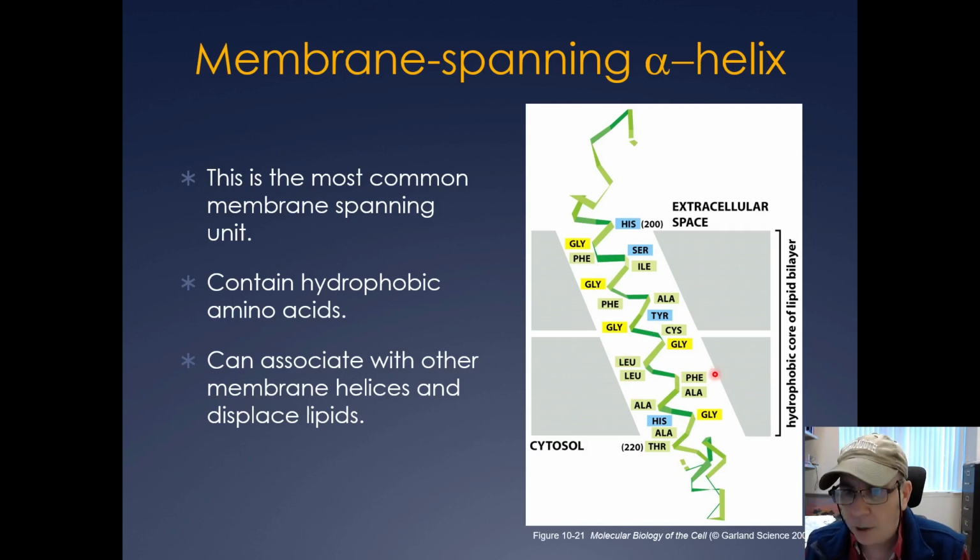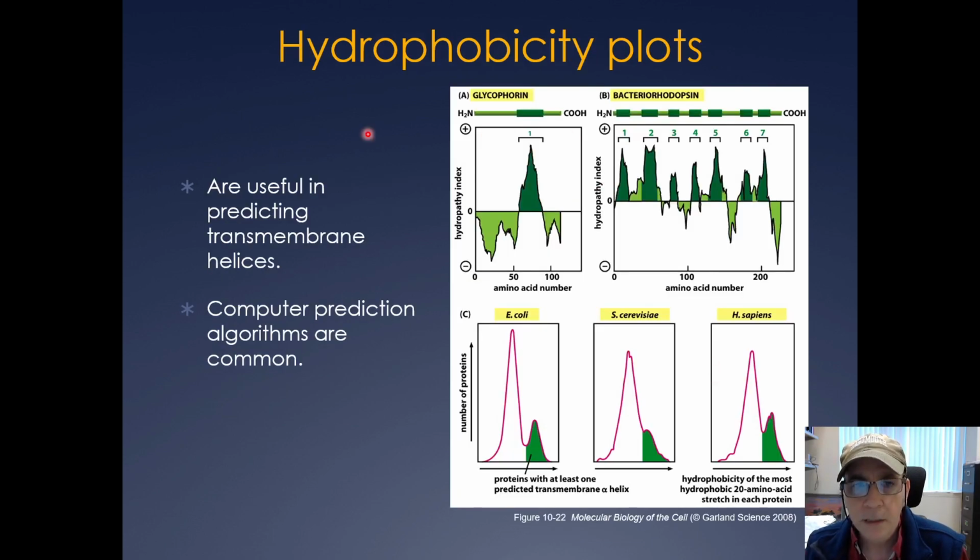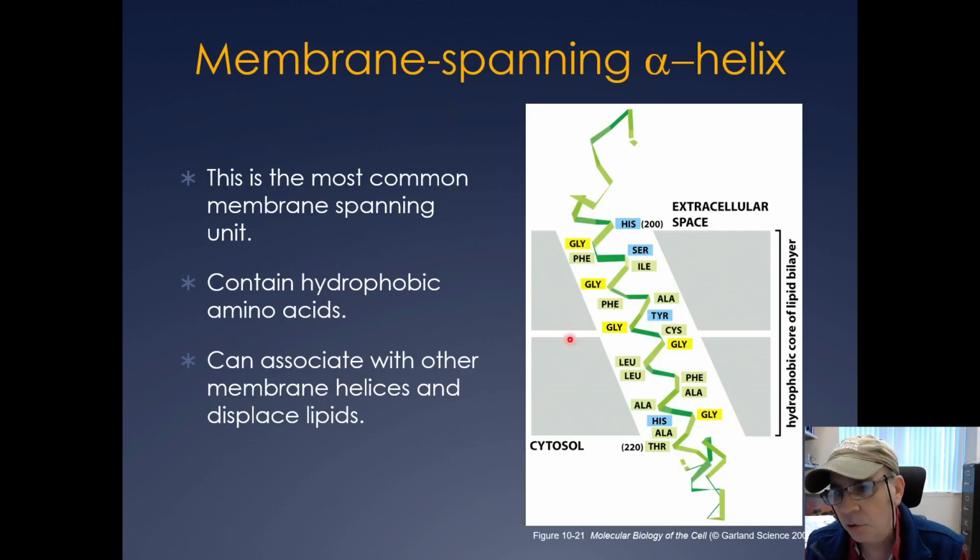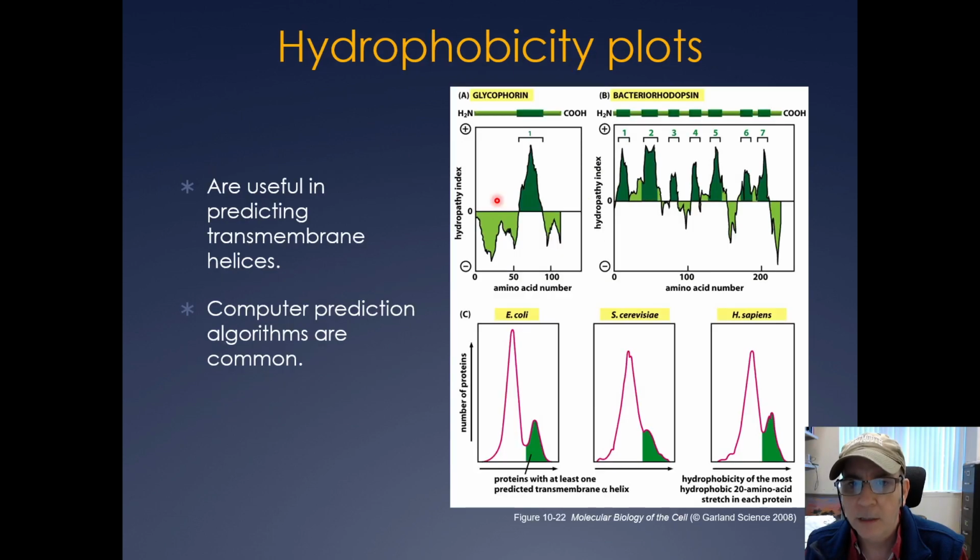There are also computer algorithms that allow you to predict the hydrophobicity, or the likelihood that you're going to have one of these hydrophobic transmembrane alpha helices, which can then predict whether or not you're working with a membrane protein. You do this by creating hydrophobicity plots. You can just enter the amino acid sequence into a computer program online, and it gives you a hydrophobicity index or hydropathy index.